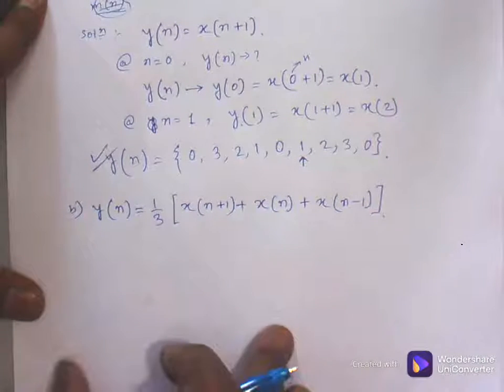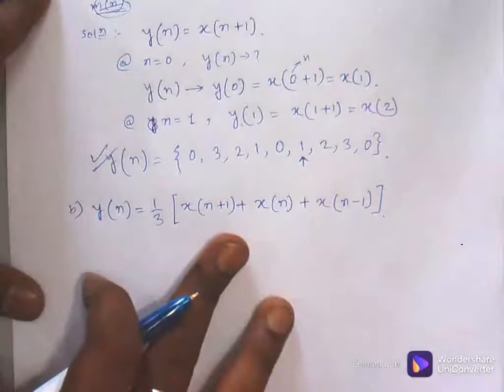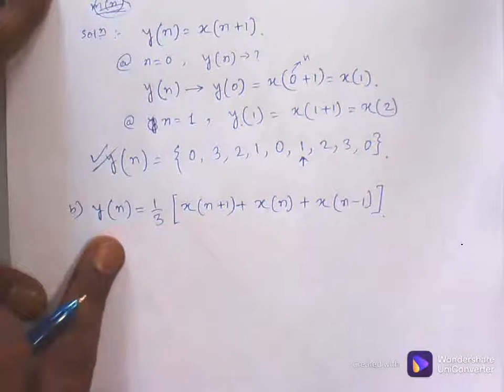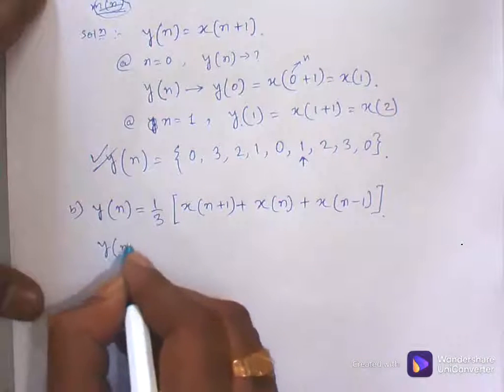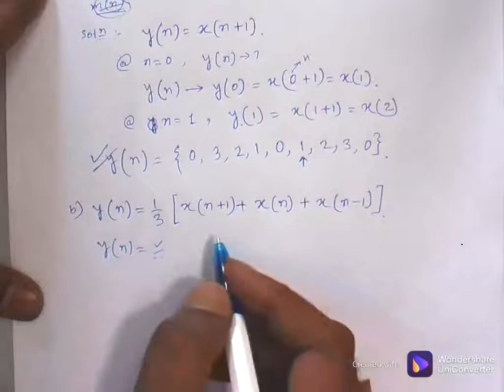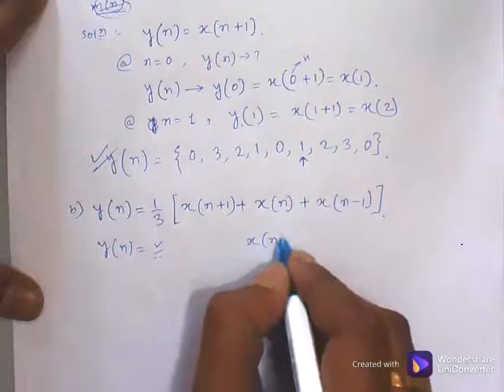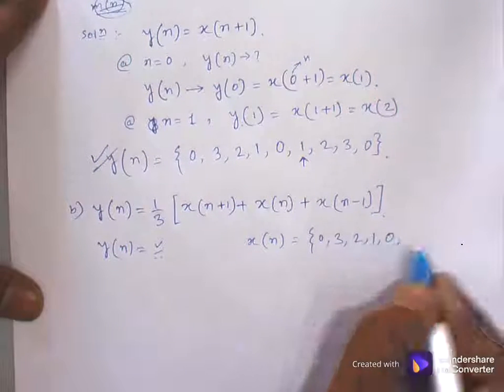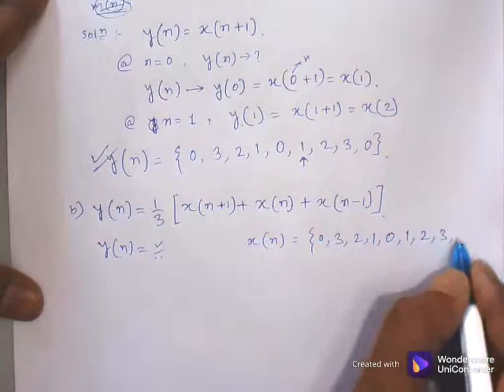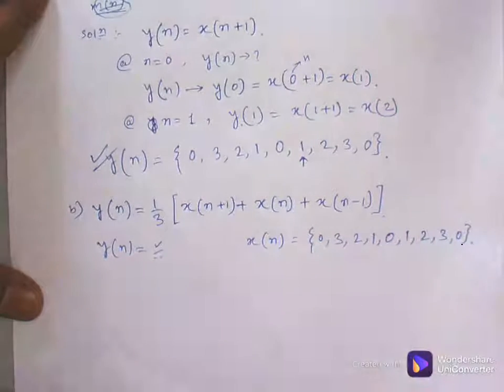This is the equation, the relation between the input and output of the system, and I have to find out y of n from the given value of x of n, that is given in the question: 2, 1, 0, 1, 2, 3, 0, and this origin is 0.